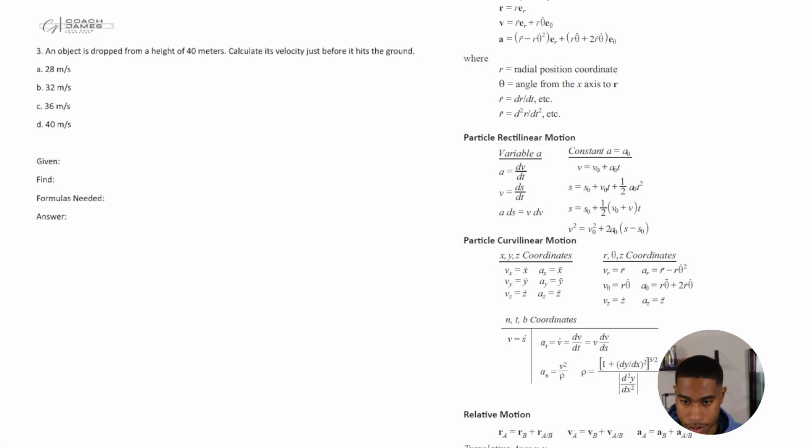Okay. Number 3. It says an object is dropped from a height of 40 meters. Calculate its velocity just before it hits the ground. Let's see. So the given information is we have an object.